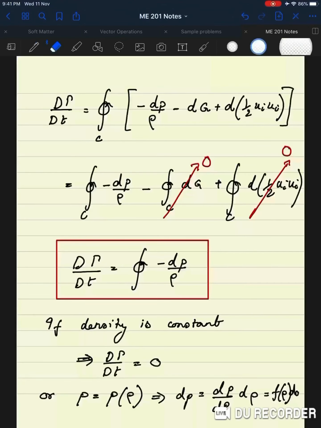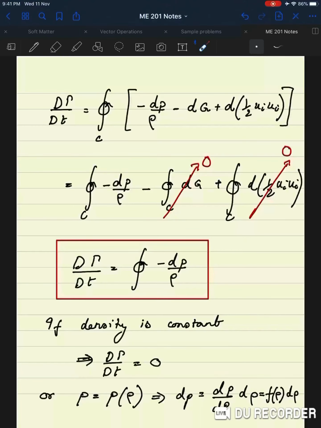So this is some function of density that you can evaluate, and this is d rho. So if pressure is just a function of rho, then it is fair to write this dp as some function of rho into d rho.